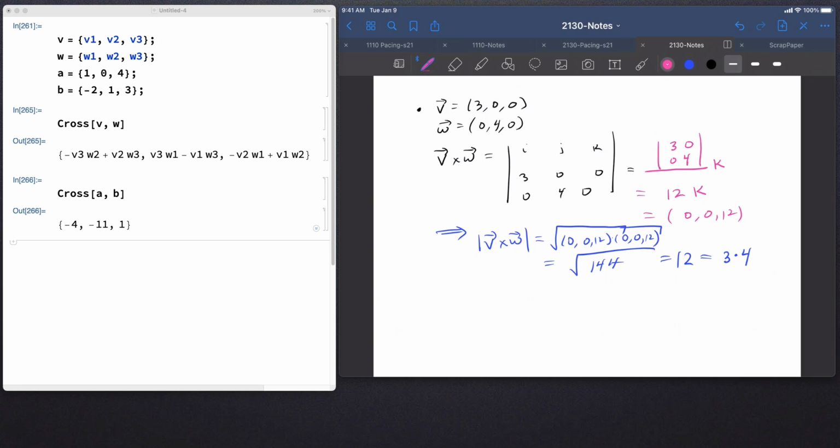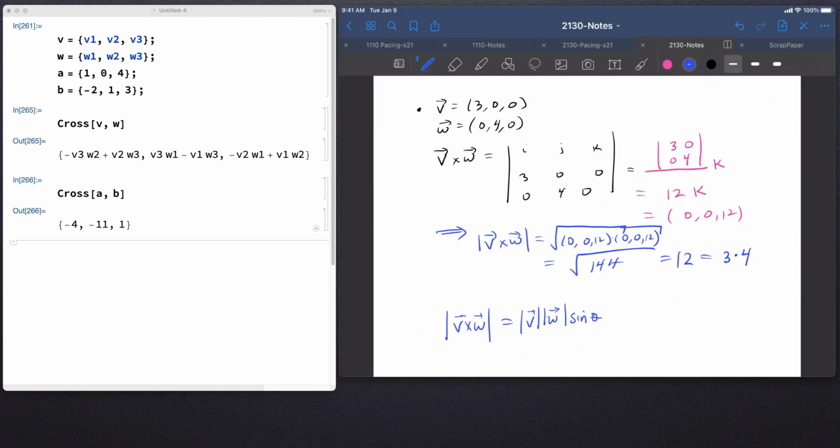So what we're saying here is that there's this interesting formula that the length of the vector v cross w is the length of the vector v, times the length of the vector w, and then, unlike the dot product, there is the sine of the angle between those vectors.